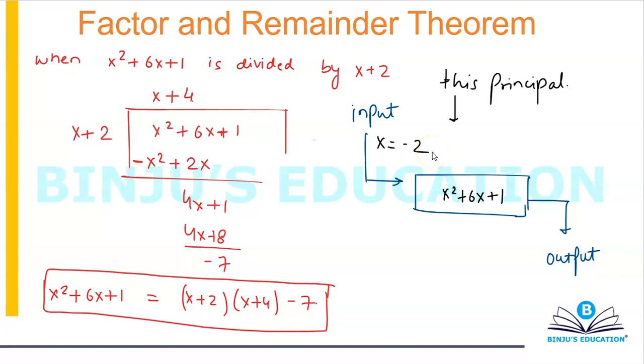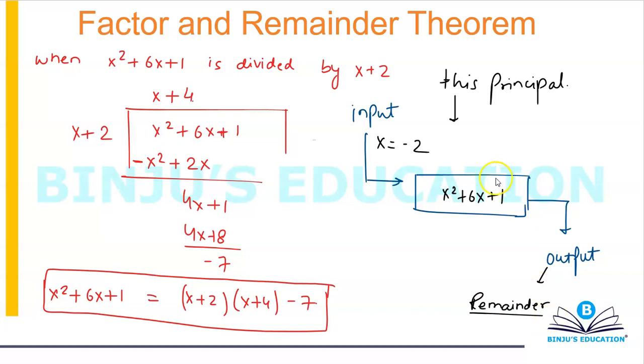When I am saying that divide x square plus 6x plus 1 by x plus 2, what I am basically saying is that provide an input value of x is equal to minus 2 and tell me the output value. This output value is nothing but your remainder.